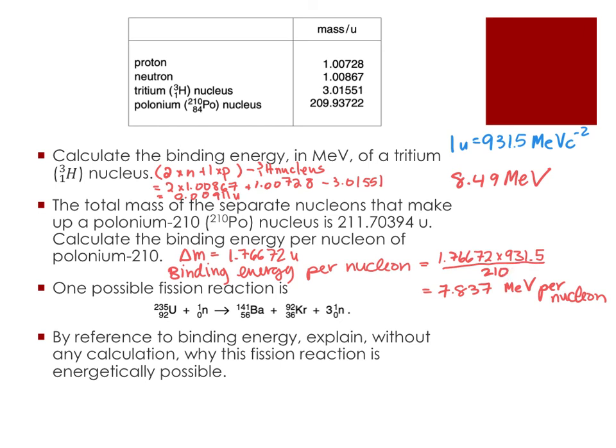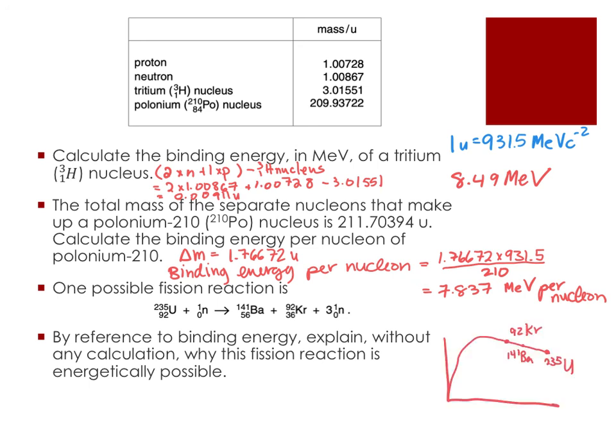So, one more piece. One possible fission reaction is uranium-235 plus a neutron, eventually giving us barium, krypton, and 3 neutrons. By reference to binding energy, explain without calculation why this reaction is energetically possible. Now, a couple things I want to point out. It says by reference to binding energy. So there might be other possible answers, but you will only get marks if you refer to binding energy.